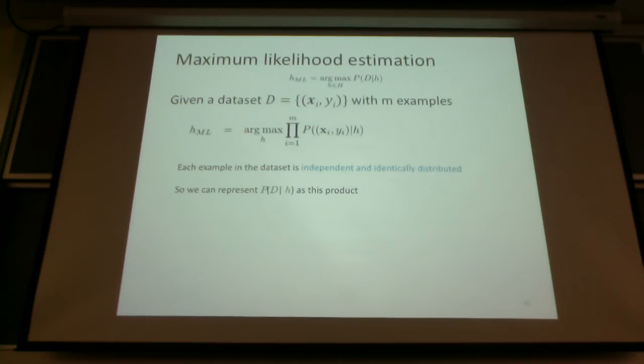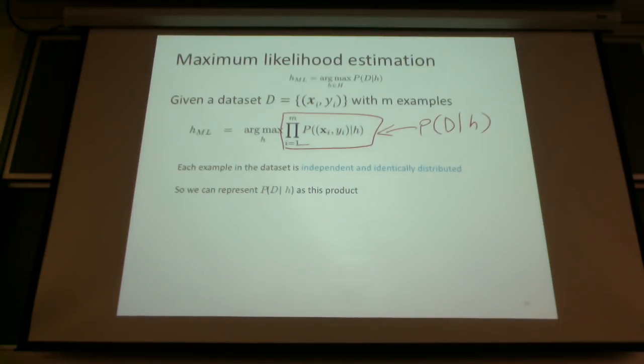So our goal is to maximize the likelihood of the data, but the likelihood of the data is just the product of all the likelihoods of each example, right? We want the probability of the data given the hypothesis, but that's just this quantity here.